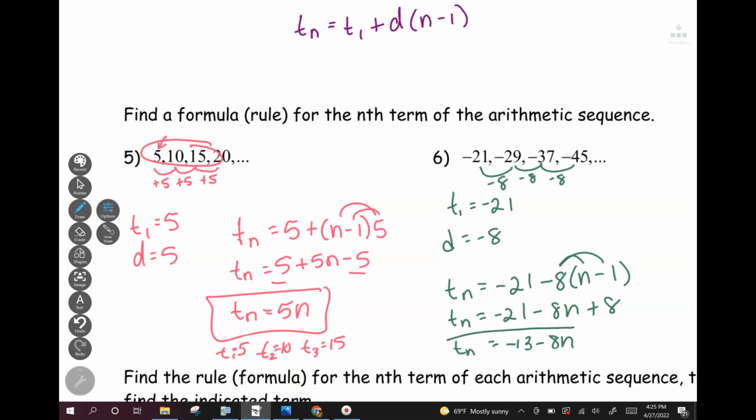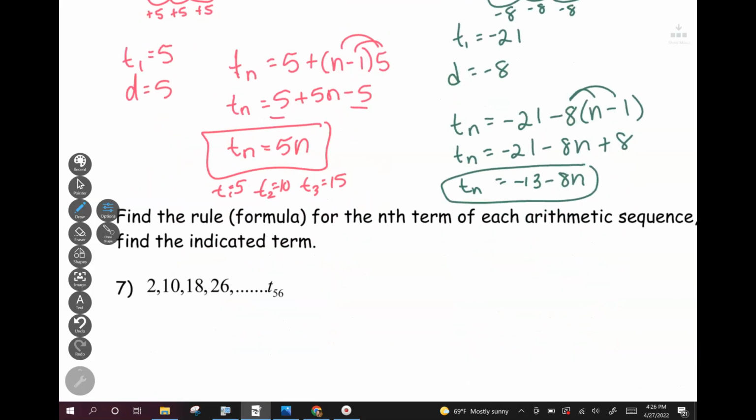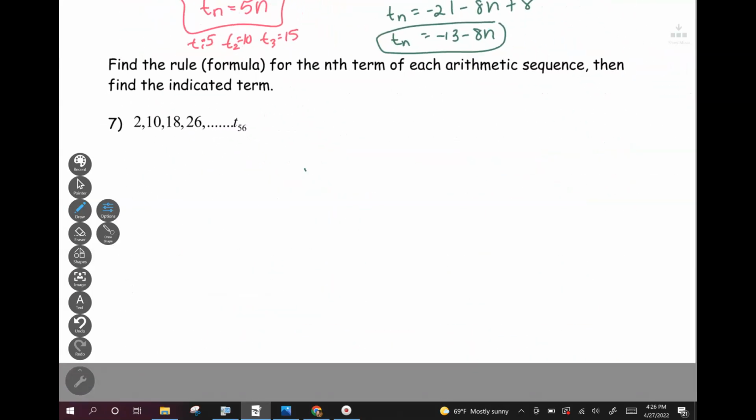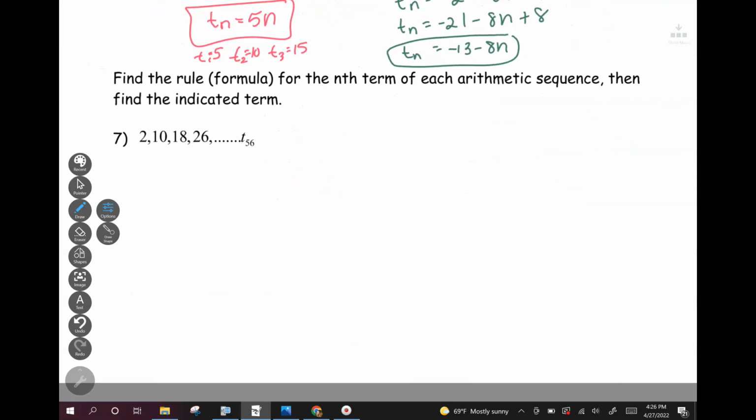Okay, there's my formula. You could also write the negative 8n in front of the negative 13, so you could put negative 8n minus 13 if you want. All right, let's try number 7.